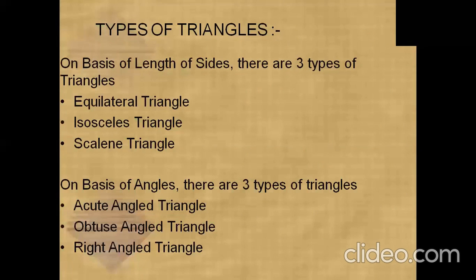Then, on the basis of the length of the sides, there are three types of triangles: equilateral triangle, isosceles triangle, scalene triangle. And on the basis of the angles, there are three types of triangles: acute angle triangle, obtuse angle triangle, right angle triangle.